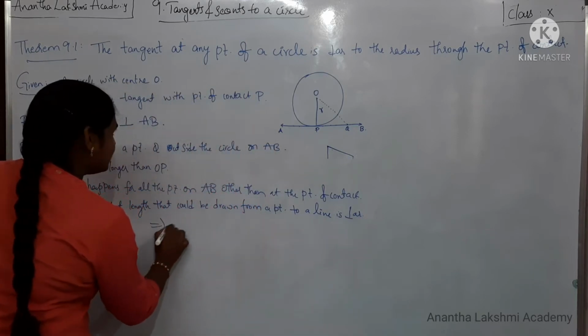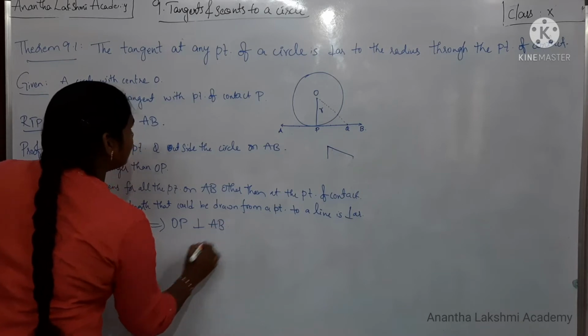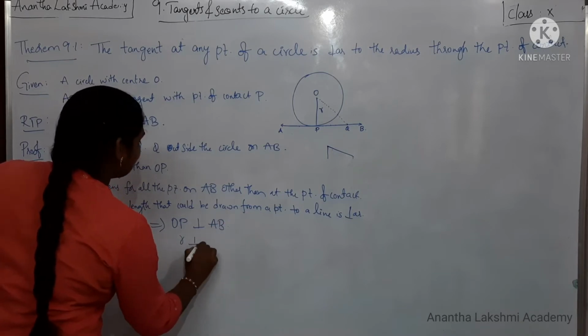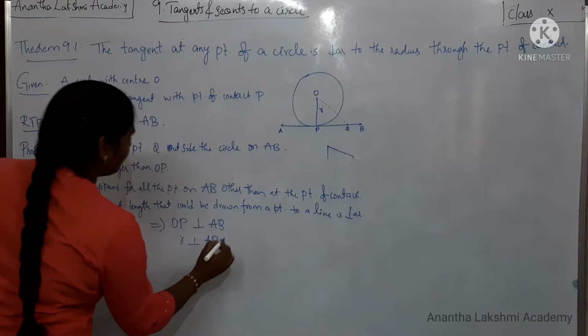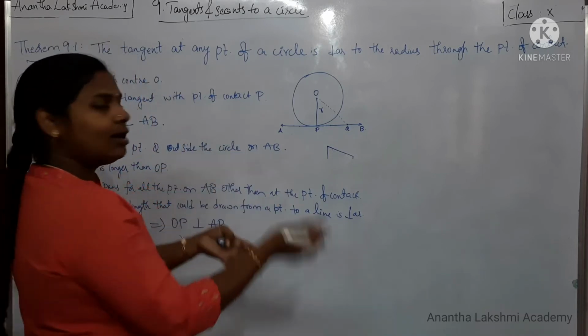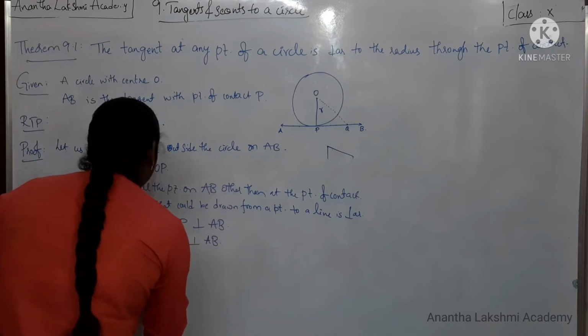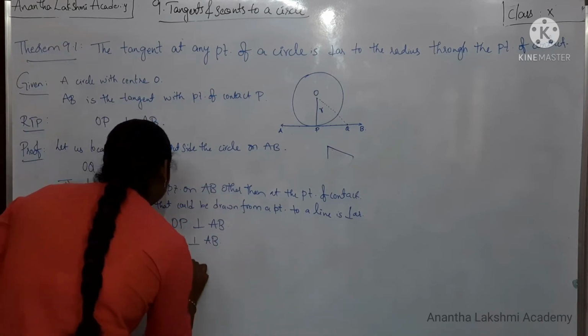That implies OP is perpendicular to AB. So the radius is perpendicular to AB. That implies the tangent is perpendicular to the radius, or the radius is perpendicular to the tangent. Hence, proved.